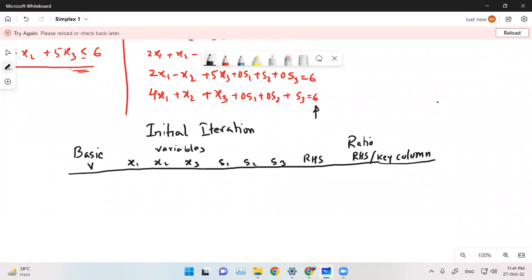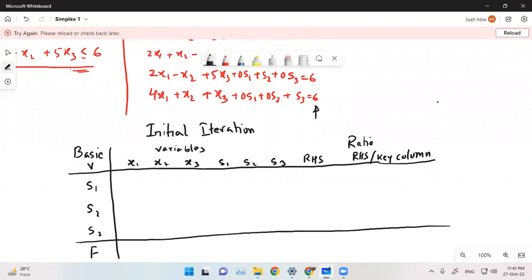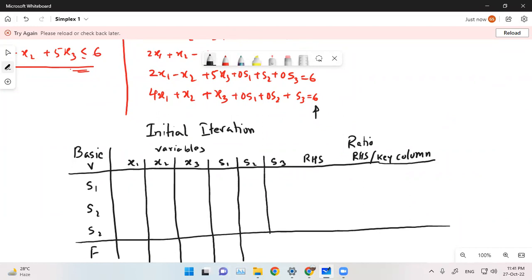We'll start with the slack variables S1, S2, S3, and along with our function that is F. So what we have to do is write the coefficients of those equations.